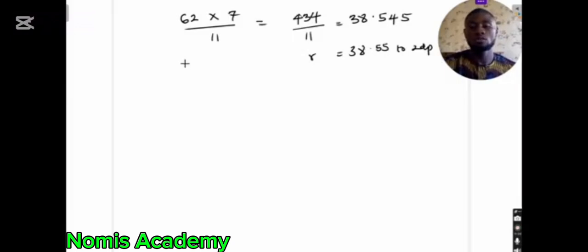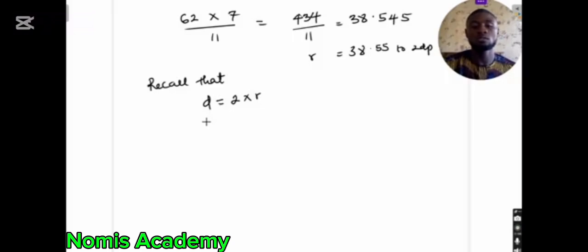Since the question asks again that we calculate the diameter of the circle, I would like you to recall that the diameter of a circle is 2 multiplied by r, meaning r in 2 places.